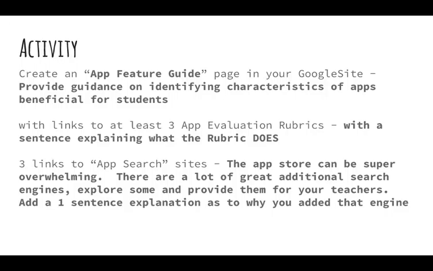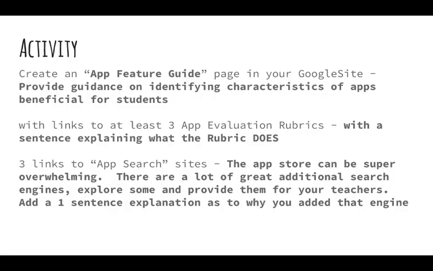And finally, something I haven't really touched on that is an emerging field and can be extremely beneficial is app search sites. The App Store is super overwhelming and it's not very good at filtering and finding what you need. Given the information that I've reviewed in this lecture and from your reading, go on and try to find some good search sites.